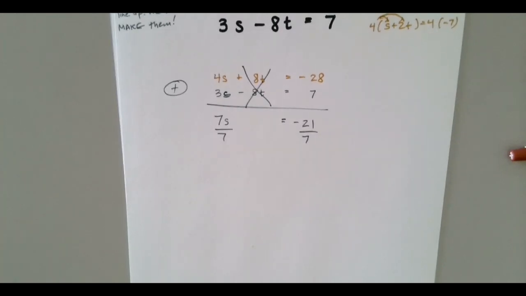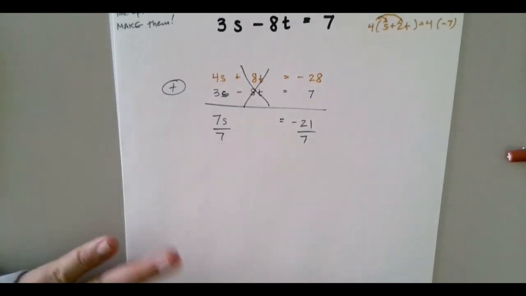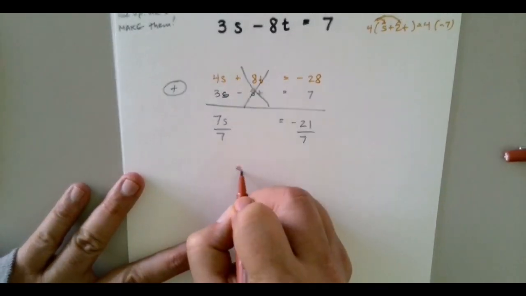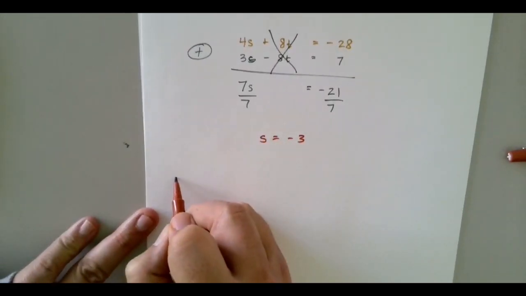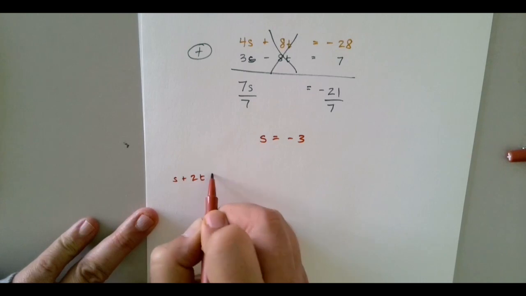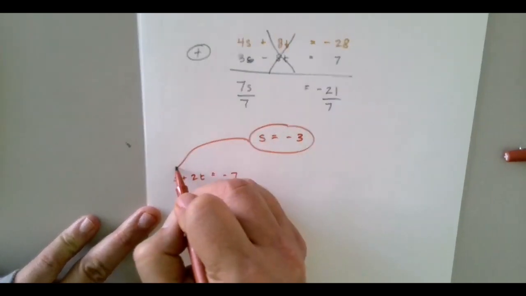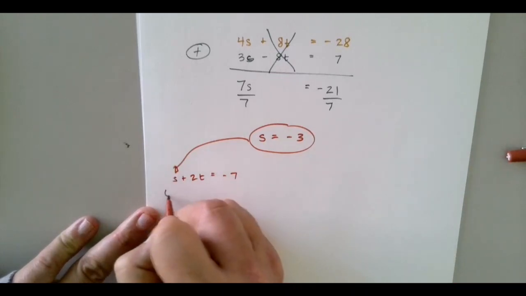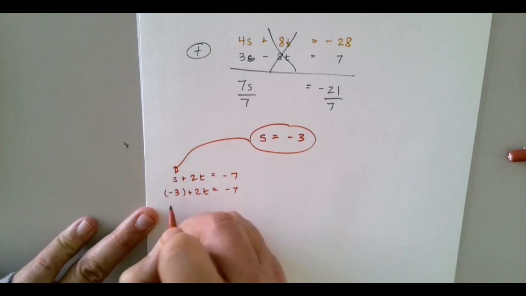So again, hopefully you're quizzing yourself or asking yourself some questions. How am I going to solve for the other one? So here, I know that s plus 2t is equal to negative 7. So I plug this in. Plug and chug. So I get negative 3 plus 2t equals negative 7.